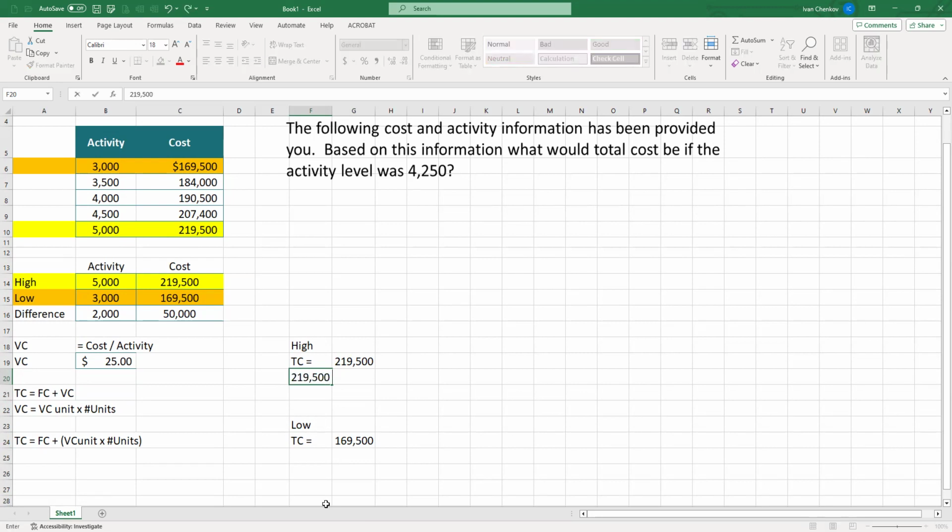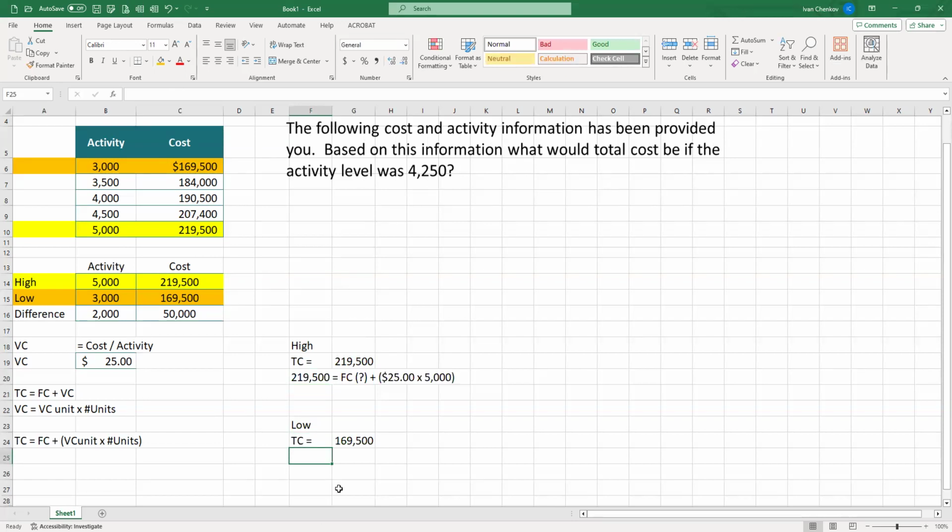I'm going to have 219,500 equal to the fixed cost, which I don't know, that's my question mark, plus, in brackets, the variable cost per unit, $25, times the number of units. On the high level, I have 5,000.